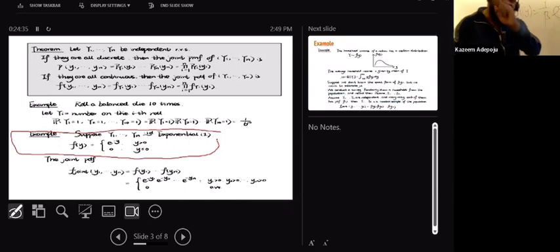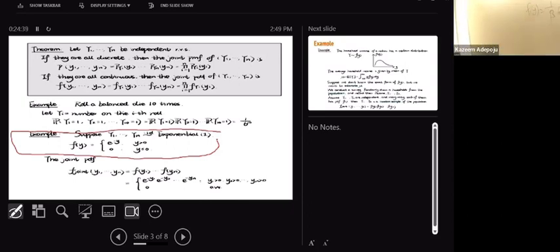But right now, they give you exponential with parameter 1, which means beta is already equal to 1.